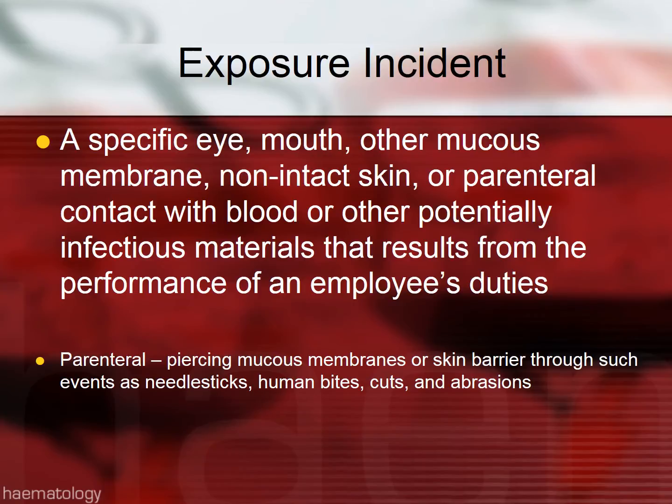So when you look at this, it has to have some contact, whether it's going to be absorption, it may be injection, or possibly the person gets it in their mouth, and so it could be ingestion. It could be any of those, but the main key here is that it's the performance of the employee's duties. And so that is when we're looking at it being an occupational exposure incident.